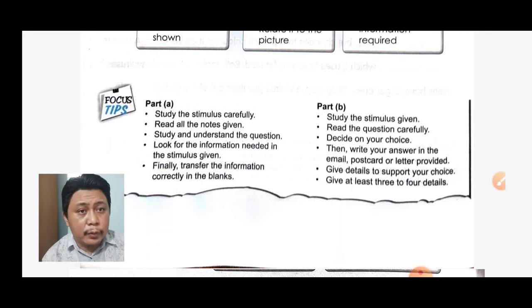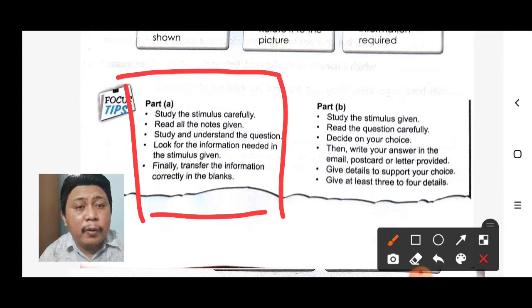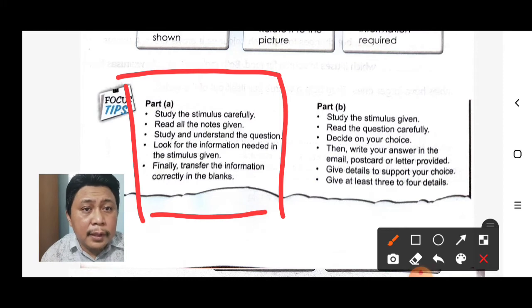How do you get a good answer? Part A is for B1. Study the stimulus carefully. Read all the notes given, study and understand the question, look for the information needed in the stimulus given, and finally transfer the information correctly in the blanks.